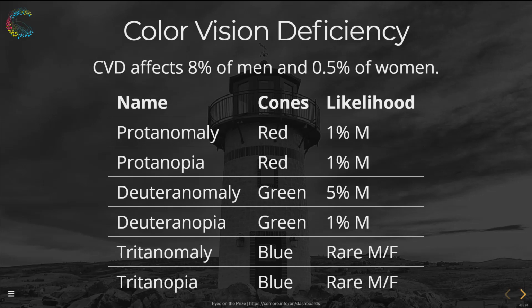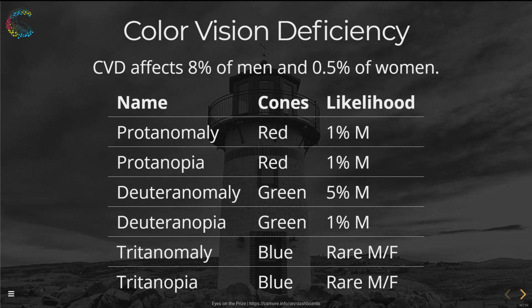Deuteranopia, lack of green cones. Deuteranomaly, weakened green cones. So when people say that they're red-green colorblind, most typically, they have deuteranomaly. But they are one of these 4. Tritanomaly and tritanopia combined affect about 0.5% of women and a very, very small percentage of men.